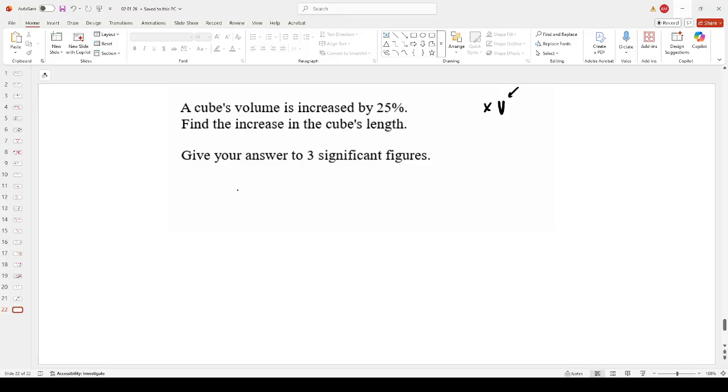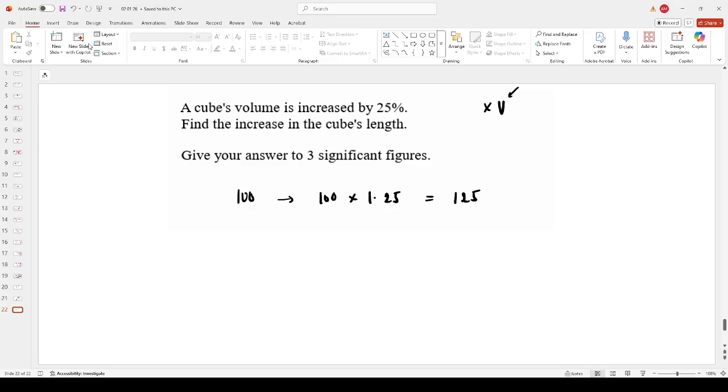Let's say £100, and I want to increase that by 25%. Don't I times it by 1.25 to get 125? Right?